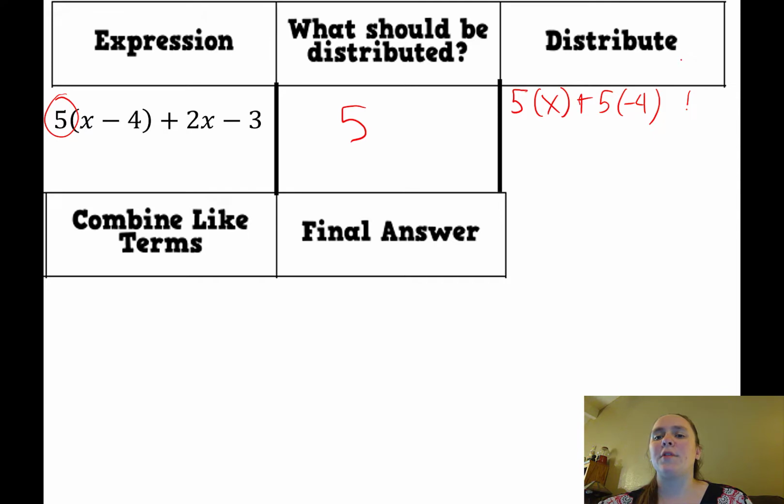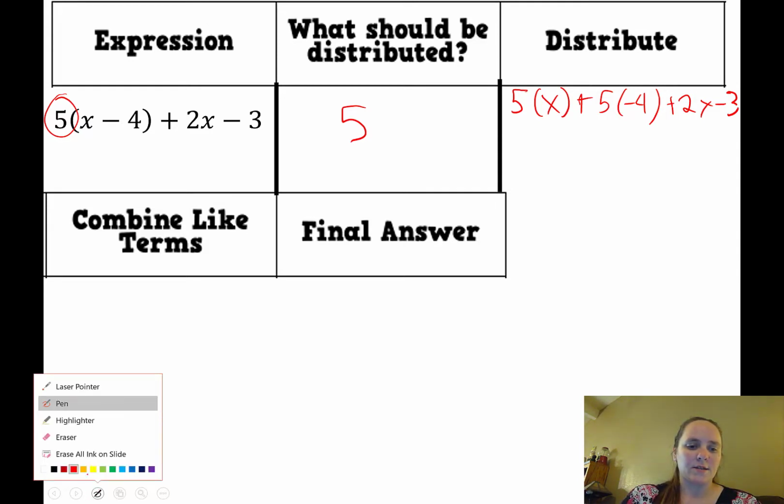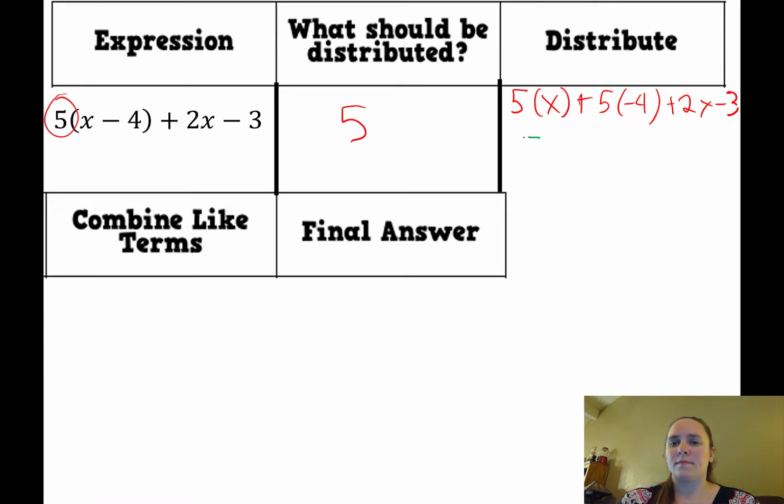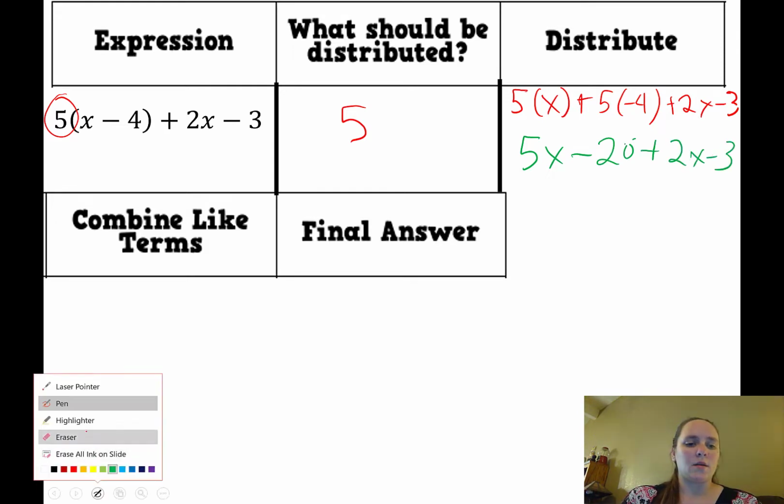Okay, I still have the plus 2x minus 3. So now 5 times x is 5x. 5 times negative 4 is a negative 20 plus 2x minus 3.